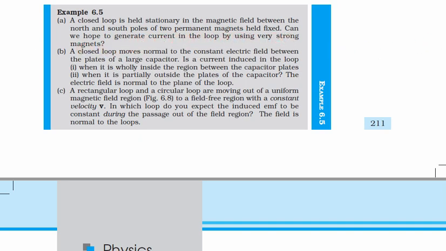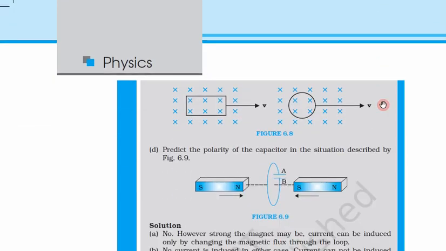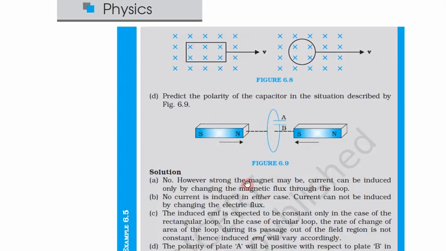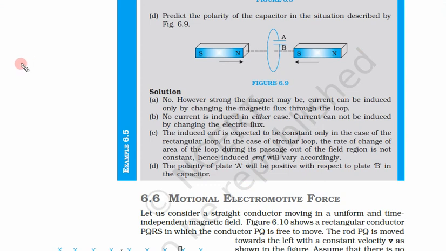So they are asking that there is a loop. Here it is not shown, but this loop is held stationary. Neither the loop is moving nor the magnets, nothing is moving. So they are asking if these magnets are very strong or very big magnets, will we get some kind of current?